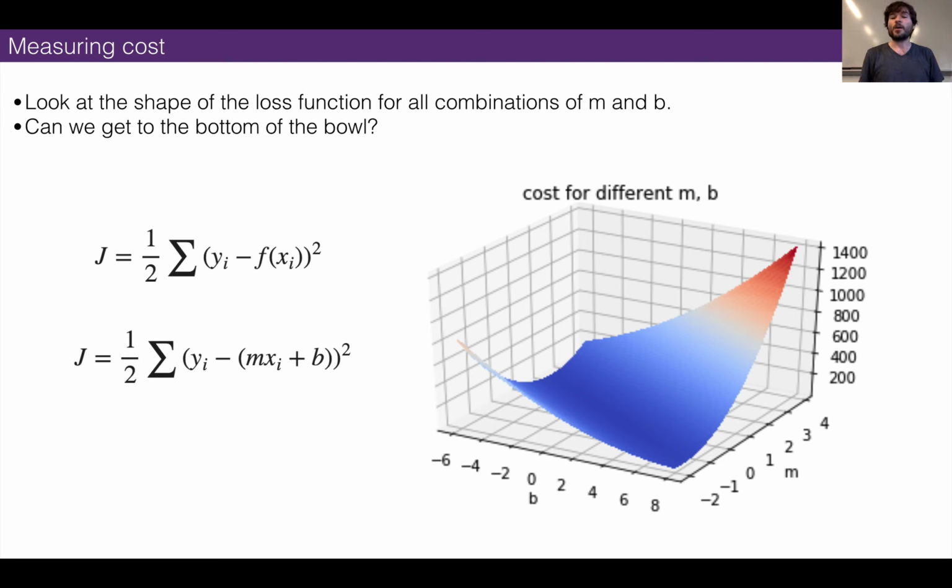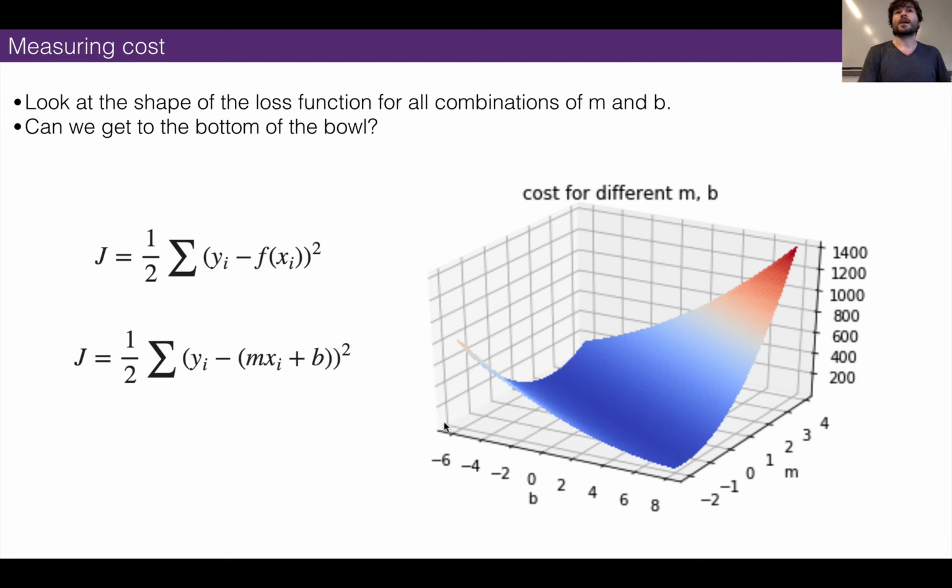Okay, so now let's think about the cost function. Suppose we have this linear regression, and we have all of these different values of m and b that we could have. Then we can look at what the cost function looks like. We could graph it. For a linear regression, it's a quadratic. The cost is a quadratic function because of the squared.